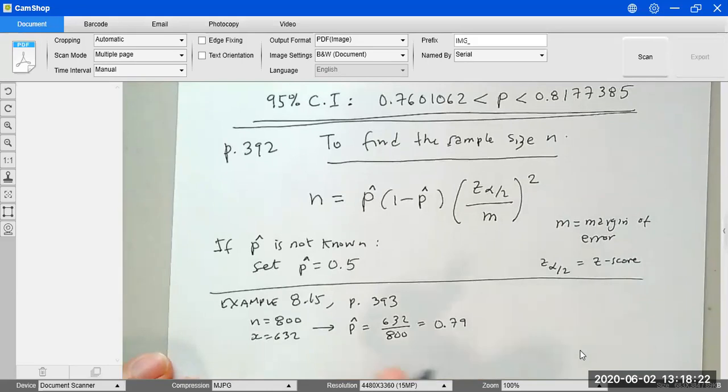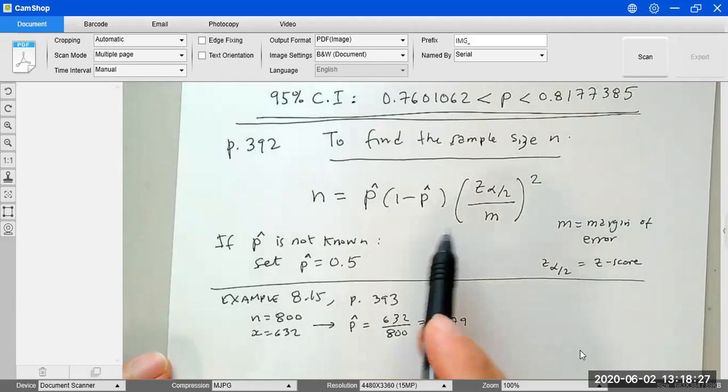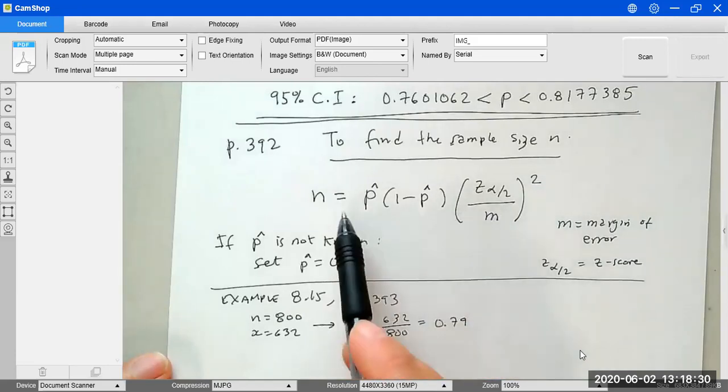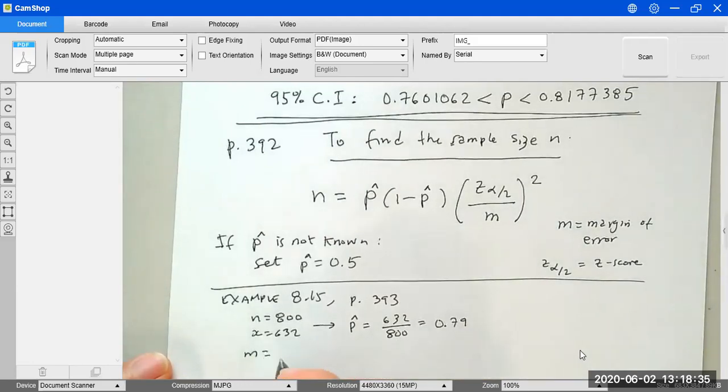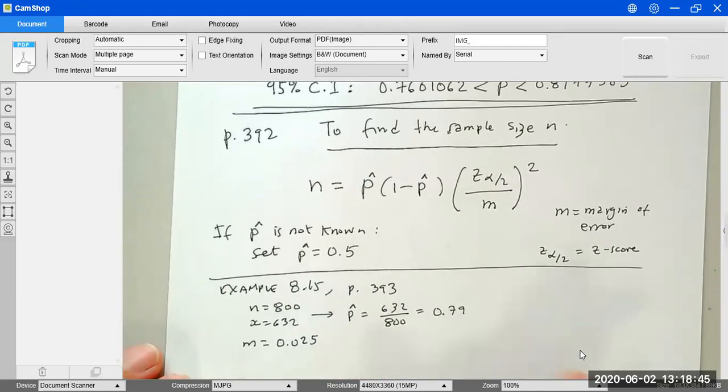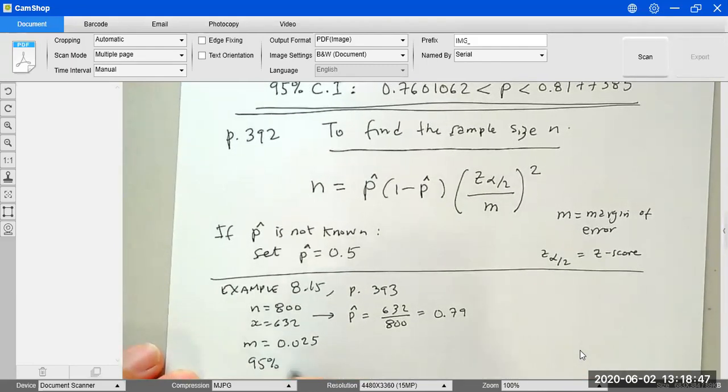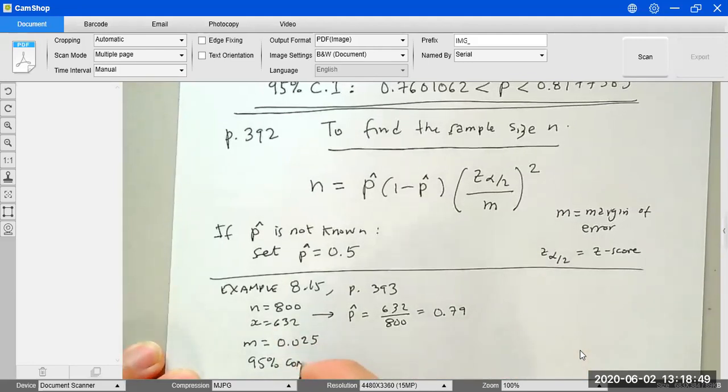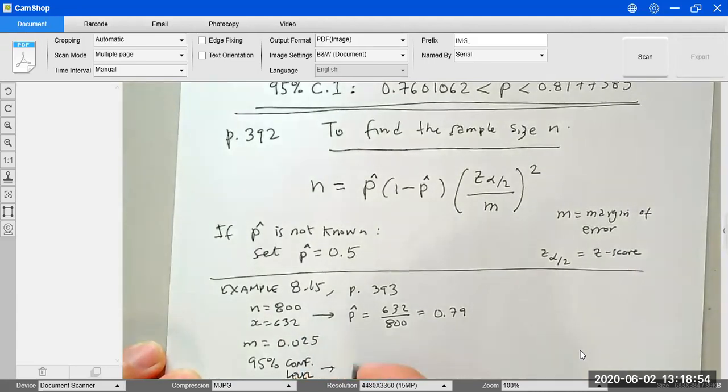So we are using this proportion from a previous sampling to estimate the number of parents that we need to interview to get a margin of error. In this case, the margin of error that we want is 0.025. And also, we want a 95% confidence level, meaning then that we're going to have alpha equals 0.05.